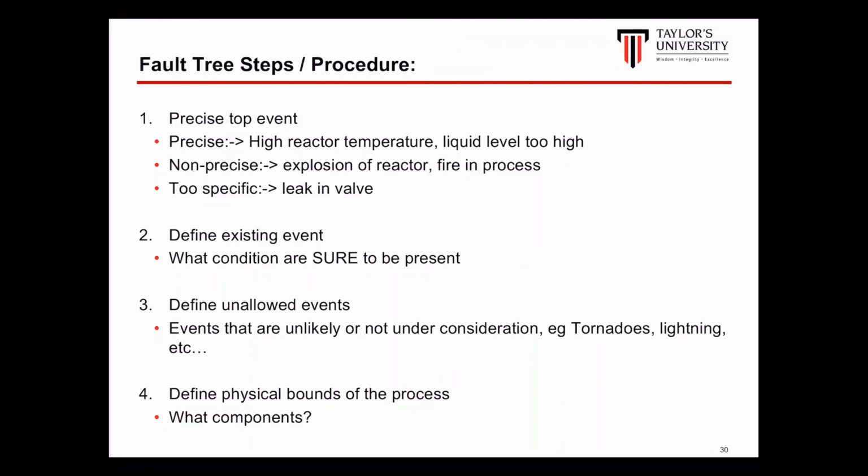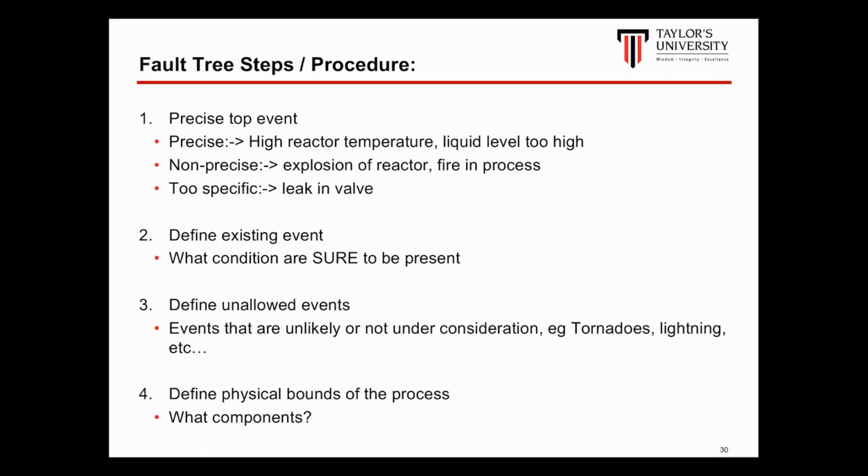Once we are looking at fault tree analysis, there are a few steps that we have to follow. First is to define our top events. What do you want to assess in this case? We have to be precise in selecting our top events.